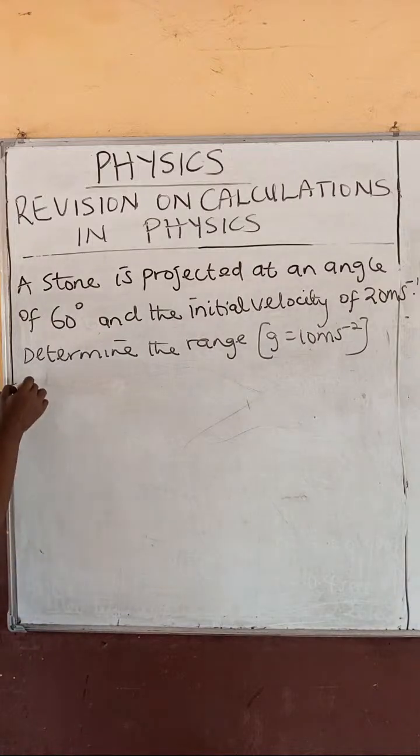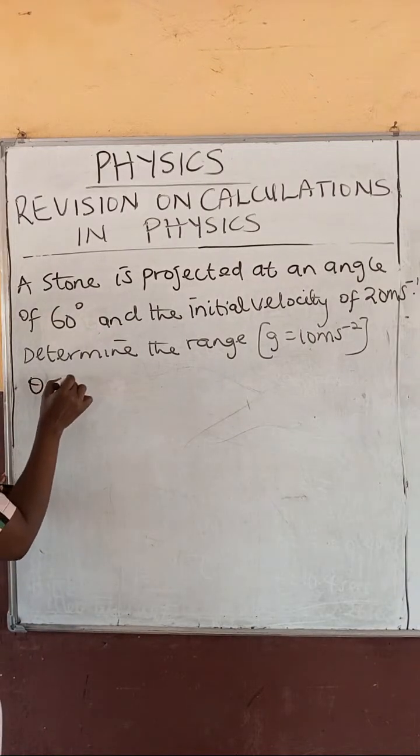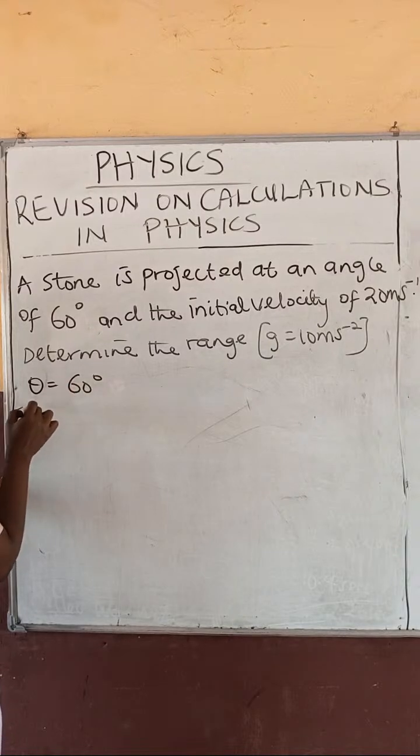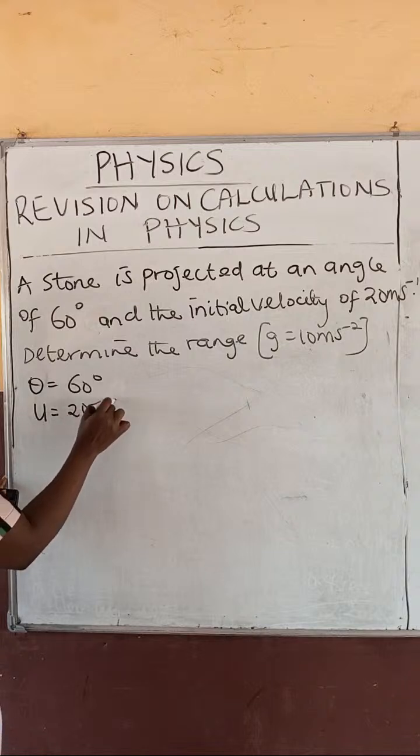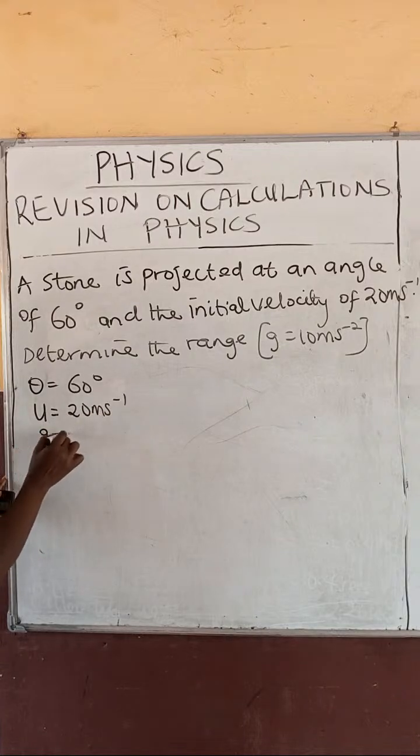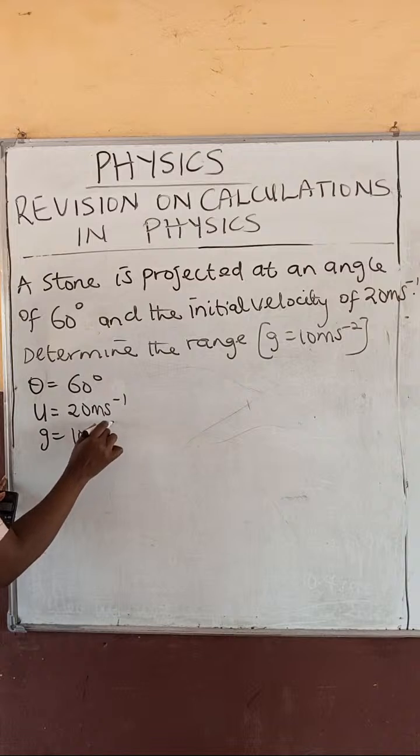All right, so our theta, which is the angle, is 60 degrees. Then initial velocity u is equal to 20 meters per second. And g is 10 meters per second squared. And we are asked to find the range.